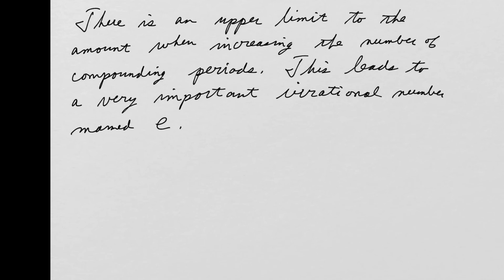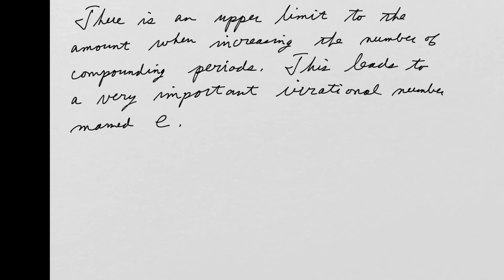Okay, so here's the example that we're going to end up deriving E from, and we're going to do it using compounding. Let's say we have $1. So we start with $1, and it's invested at 100%.